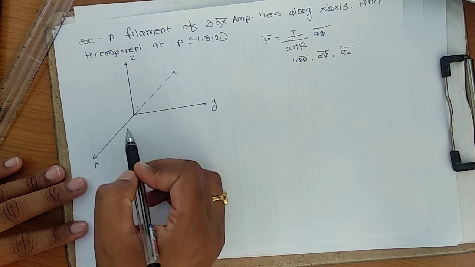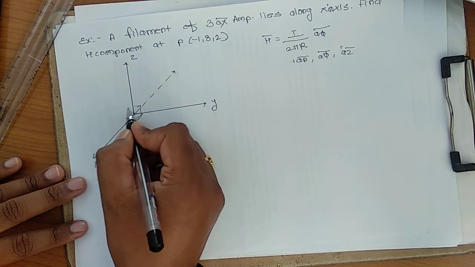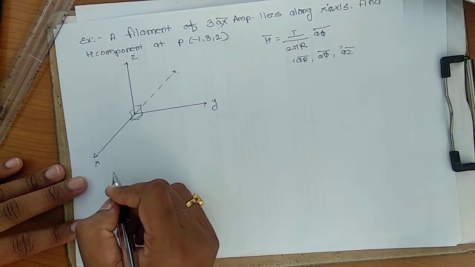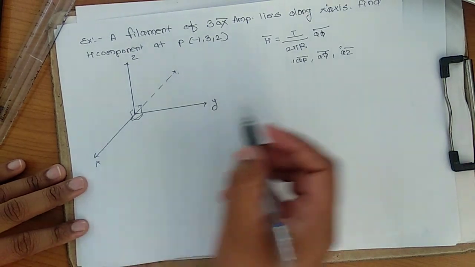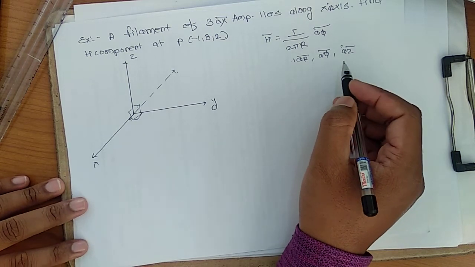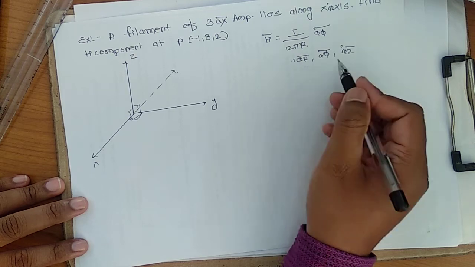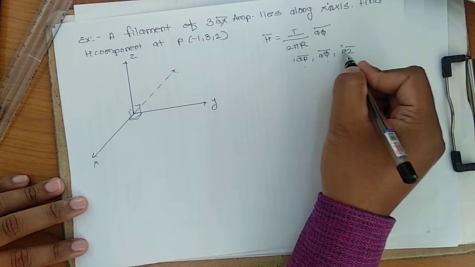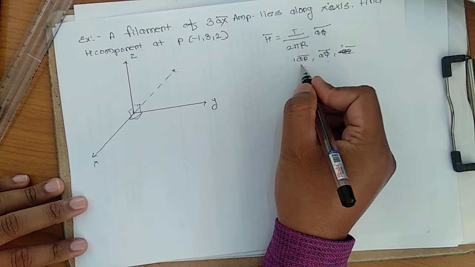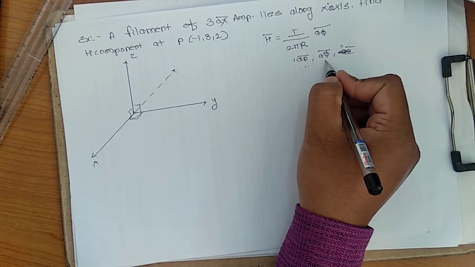So you can see that this angle is 90 degree, this angle is 90 degree, and this angle is also 90 degree. In the spherical coordinate system also, r, theta, phi are perpendicular to each other. So ar bar, a phi bar. We don't need this az bar. We can easily calculate ar bar, and from that ar bar we have to calculate a phi bar.